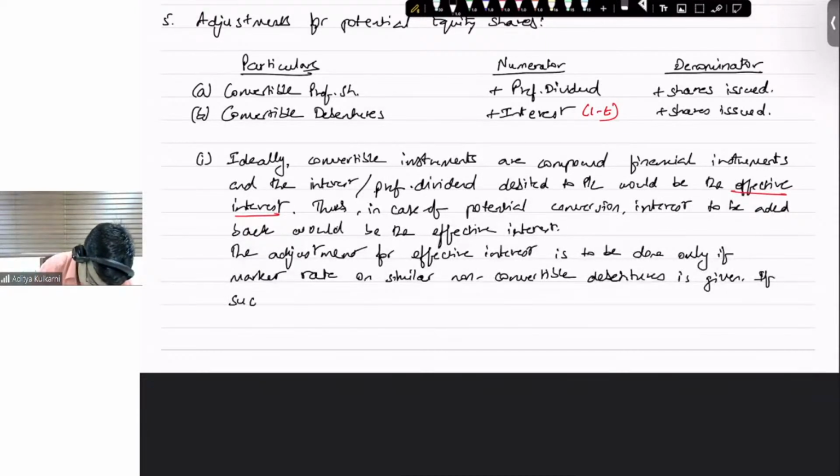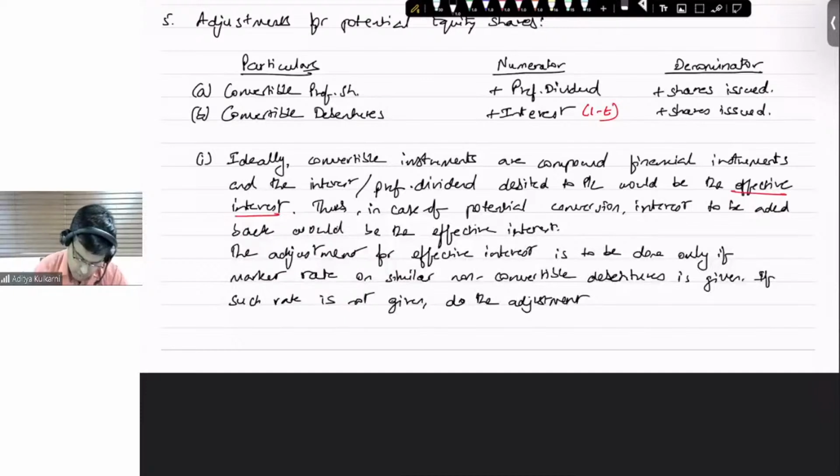If such rate is not given, just a minute, based on coupon rate itself. Okay. So there is something known as effective interest rate.